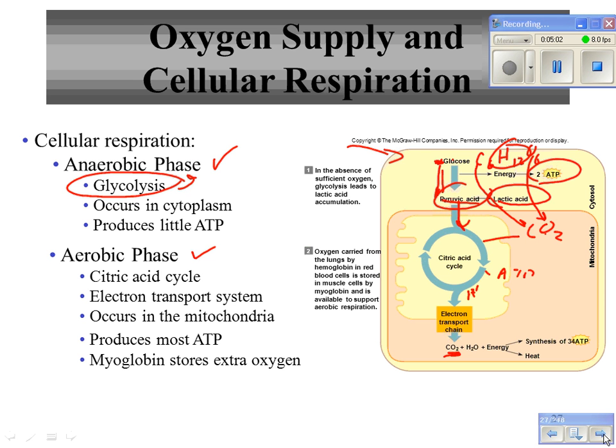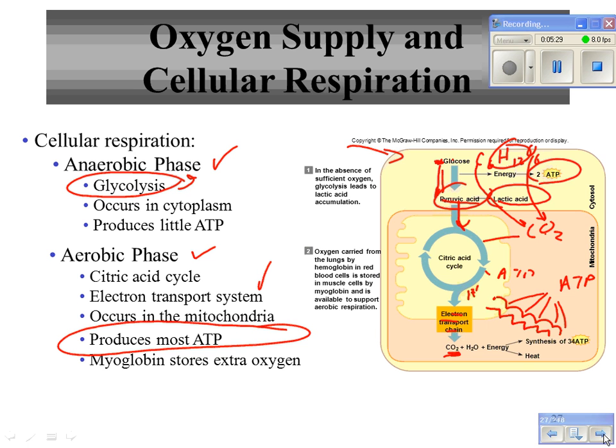Those hydrogens lose their electron in the electron transport chain, which goes through a series of chemical reactions like a staircase effect. Each time the electron goes through a reaction, we create some ATP, and we create a whole bunch of it. This is what produces most of our ATP.